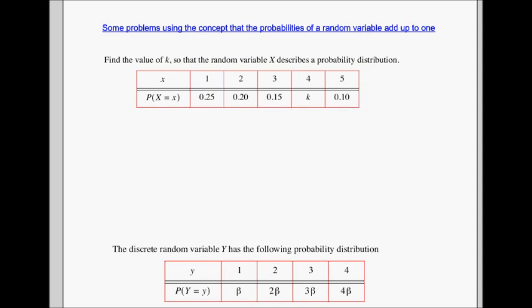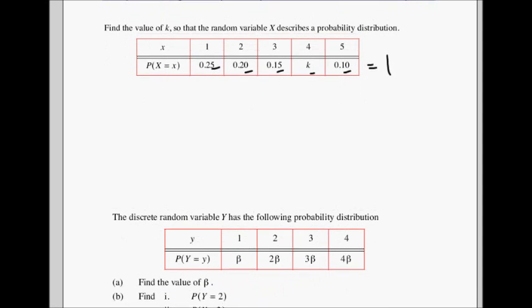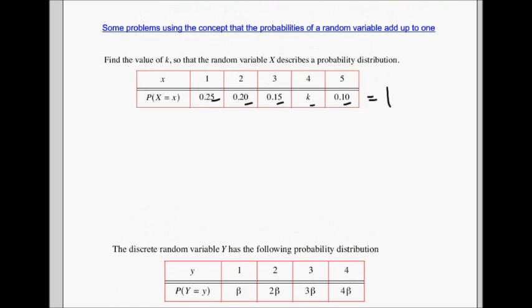Now let's try doing some problems with the concept of the probabilities adding up to 1. So if you add this plus this plus this plus this plus this, it is equal to 1. This is what we just did: find the value of k. These are some of the questions that would lead you to find the value of one of the probabilities which is not present in the table, using the concept that they all add up to 1.